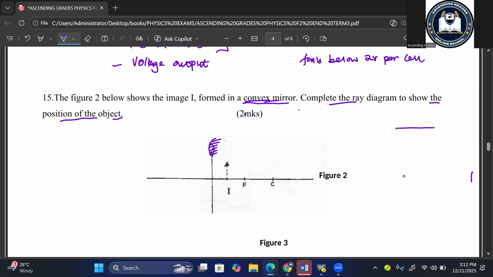So a ray that is close and parallel to the principal axis, it is said that it appears to diverge from F. So this is how it is going to appear to diverge. So it's supposed to be dotted.